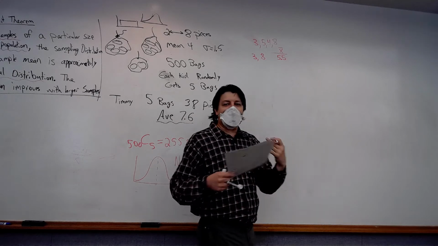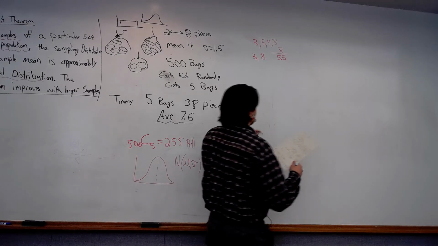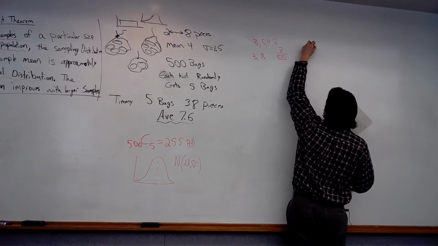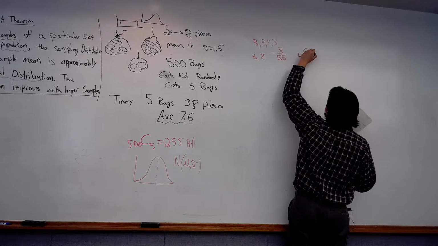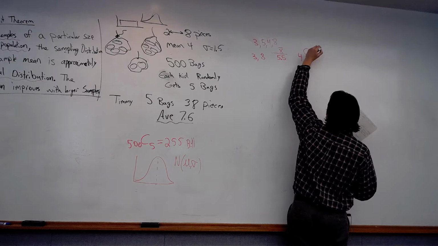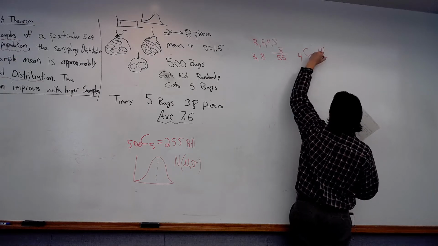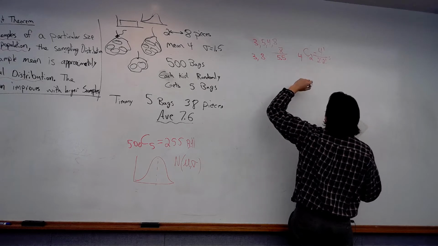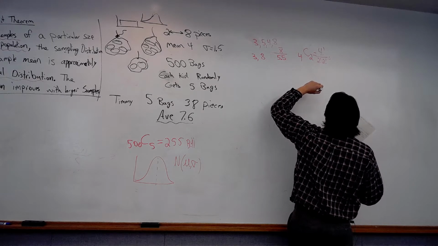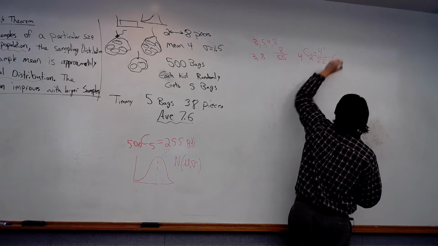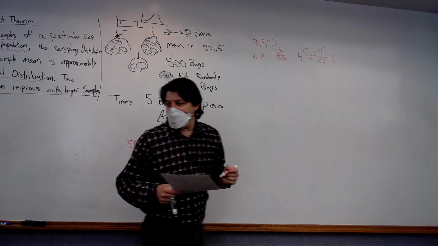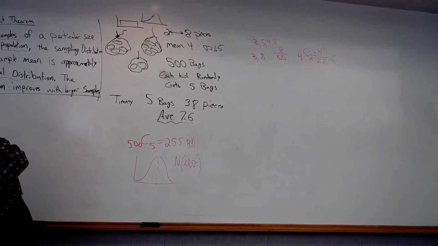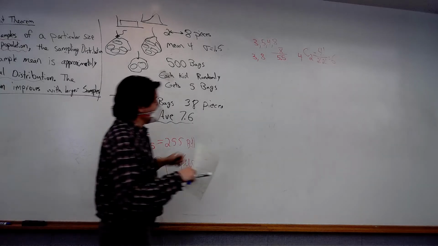But let's say we did take all the possible samples. And again, just to anticipate, we're talking 4 choose 2, which is 4 factorial over 2 factorial times 2 factorial, which should give us 6. You can double check my math there. But we should have 6 possible combinations. So let's work those out.